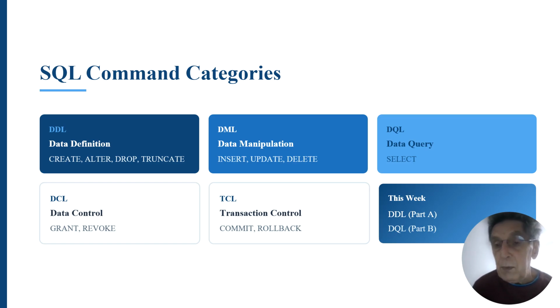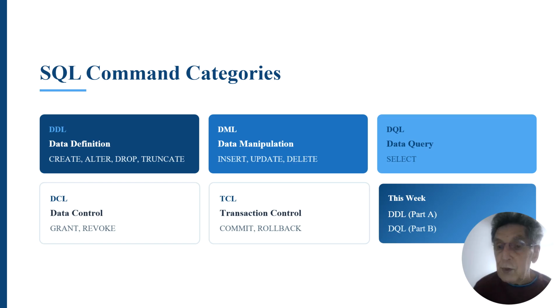Data manipulation language, on the other hand, includes insert, update, and delete. These manipulate the data within the tables. And we'll touch on this, especially as we go into future weeks. And the other, data query language, includes the select statement that retrieves data. And in part B of this lecture, we'll focus on that.